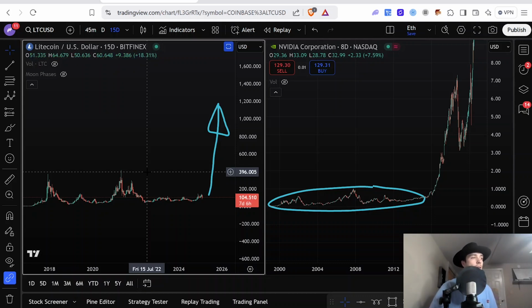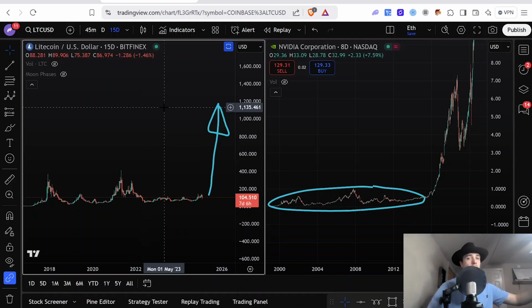We have biological responses to things. So you can find that same cycle, that same accumulation structure in multiple different markets across multiple time frames. In other words, the markets are fractal in nature. The same patterns appear over and over again because human biology never changes.